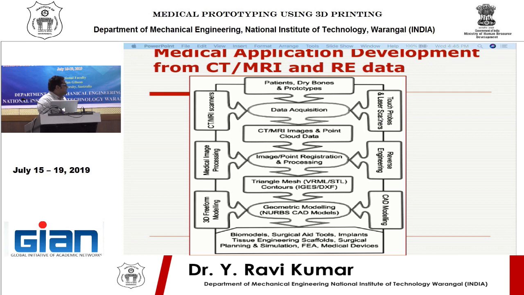So either it can be an FEM, where you just want to see how the joint is withstanding loads or not, right? So then you need to have some FEM or CFD, again it depends. If it is cardiac, then you may require some kind of CFD analysis, right?